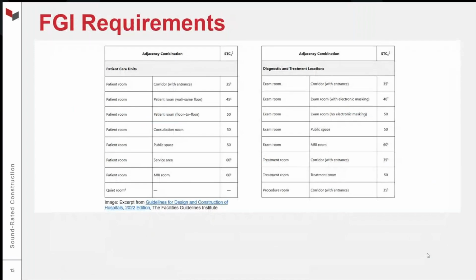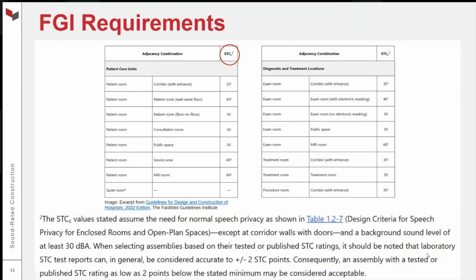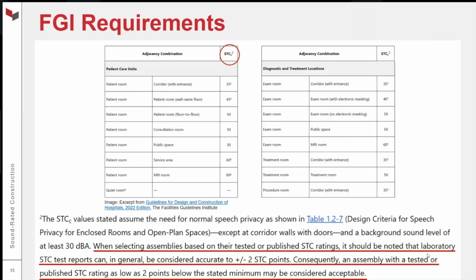But similarly, here we have the FGI requirements, and this is what I want to spend a little bit more time on. You'll notice it's similar to LEED, where it talks about adjacency combinations, patient rooms next to patient rooms, or patient rooms next to public spaces. What I want to draw your attention to is up in the top of the table, there's this superscript 2, and at the bottom here, I copied the footnote for note number 2. What you'll see in the underlined section: when selecting assemblies based on their tested or published STC ratings, it should be noted that laboratory STC reports can, in general, be considered accurate to plus or minus 2 STC points.